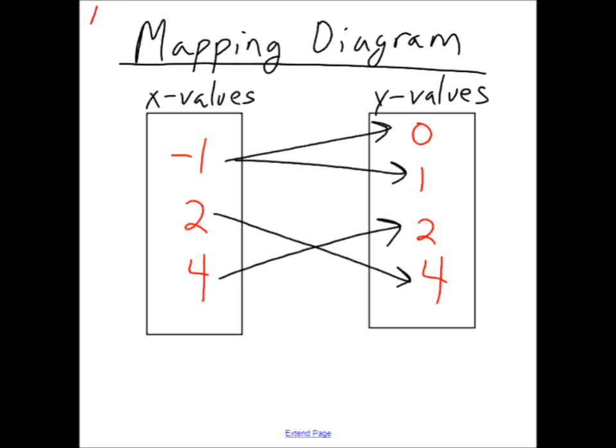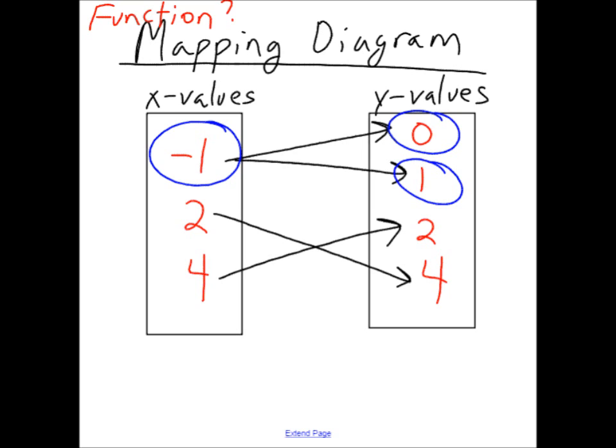And you might know the answer just by looking at it, but the answer for this problem is going to be no, it's not a function. And here's why. For one x value of -1, we actually have two different y values of 0 and 1. So for this particular x value of -1, we get two y values, making it not a function.